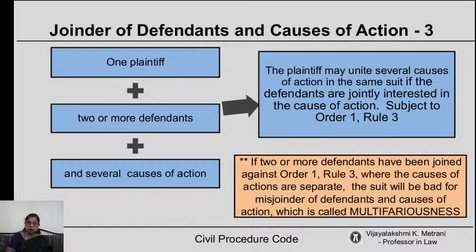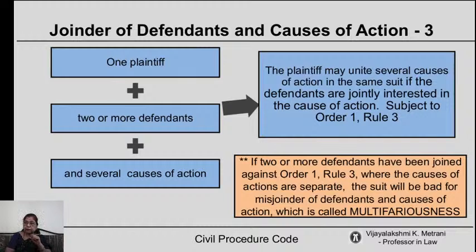Okay, he is injured. He can unite the causes of action in the same suit if the defendants are jointly interested. There are different defendants: the owner of that vehicle, or the person who is driving, or the insurance company. So the facts which are going to be coming before the court are the same, relating to that particular transaction or that particular act itself.